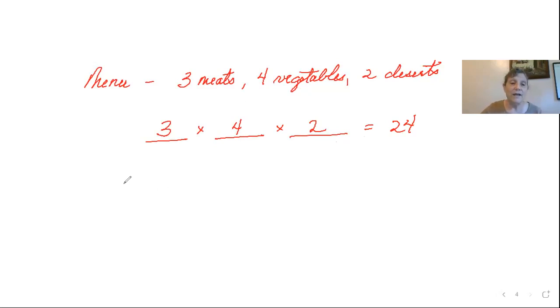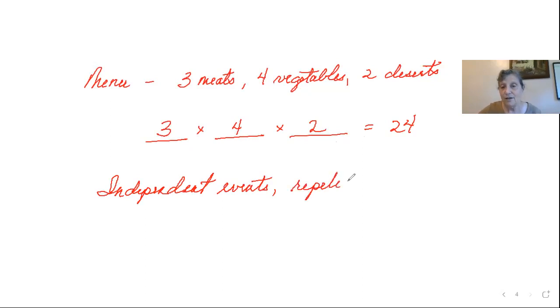Okay, so when you have independent events, one does not have any influence on how the next one will land. Independent events where repetition is okay.